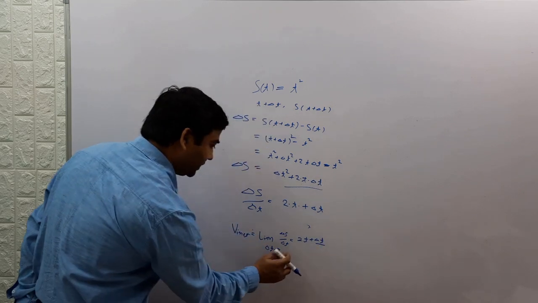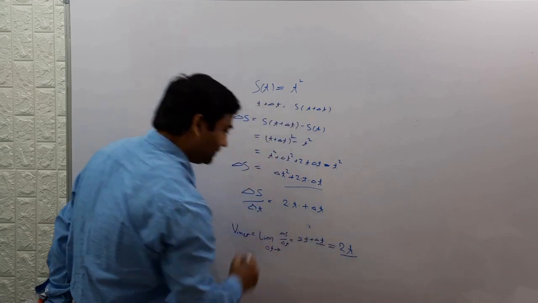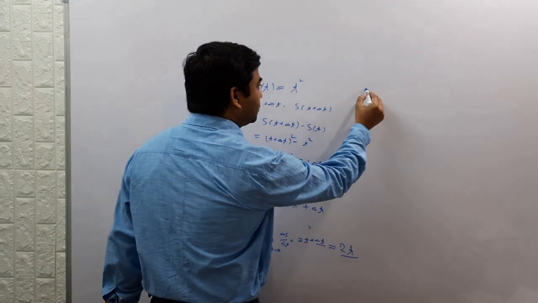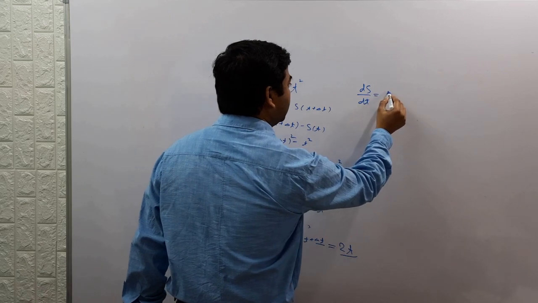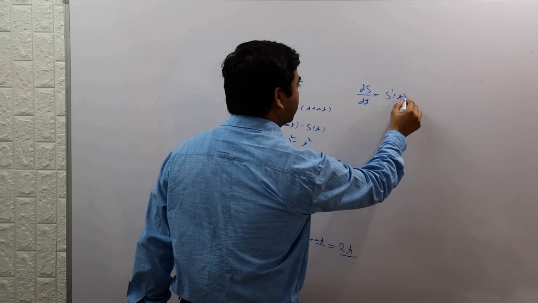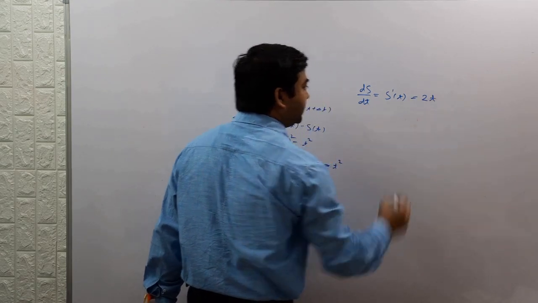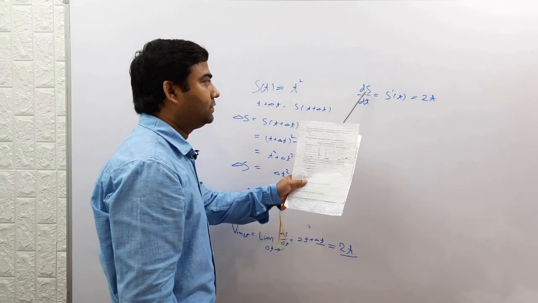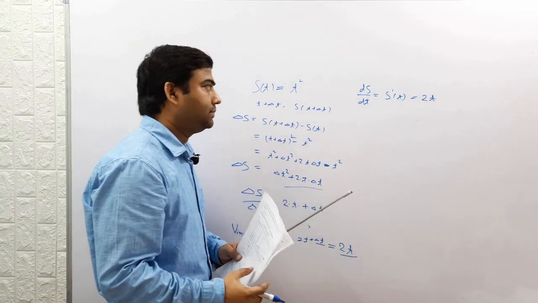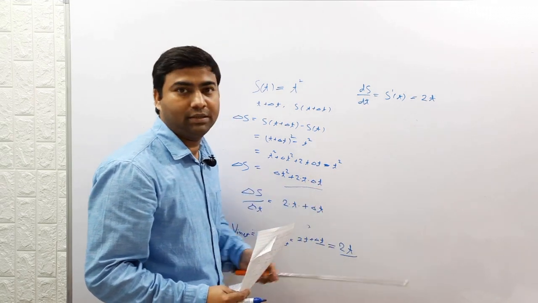Put the value of delta t as 0, it will come 2t. So we can write ds over dt, which is s dash t in Newtonian form, is equal to 2t. So the derivative of displacement with respect to time is instantaneous velocity at time t.